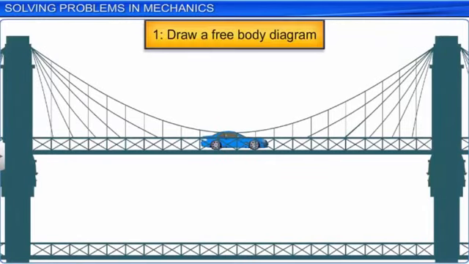To draw a free body diagram, we need to draw a schematic diagram showing all the bodies in an environment along with their links and supports. Then, we consider a convenient part of this diagram, relevant to the problem at hand, as a system.